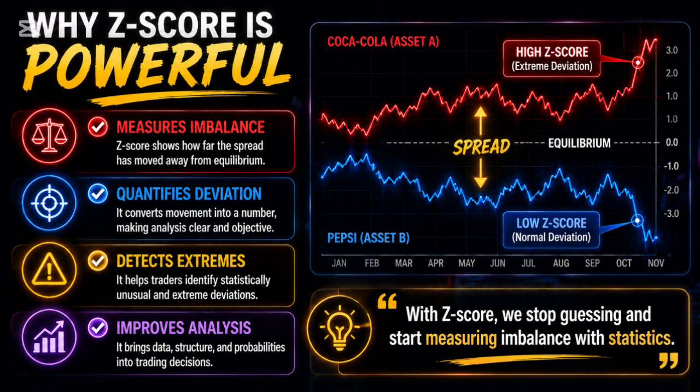By a good result, I mean the probability that the spread or z-score will revert to the mean, and when they revert to the mean, that is when we take our trade off, and that is where we take profit.